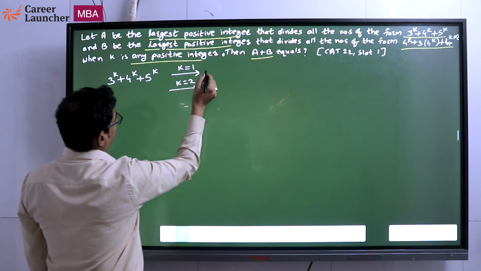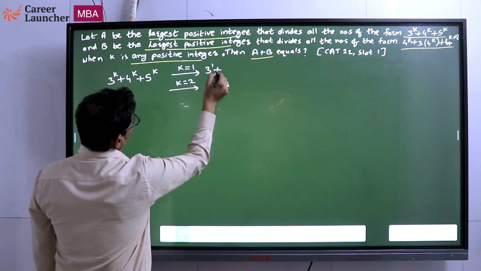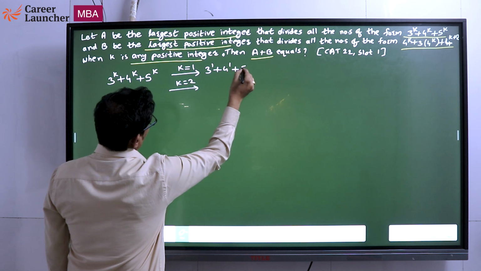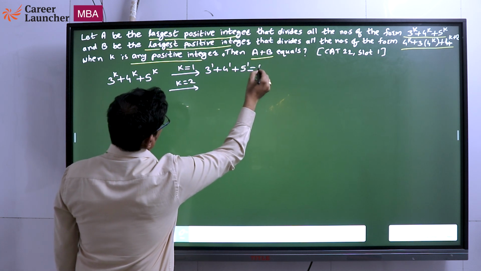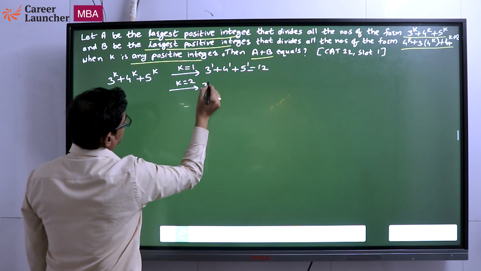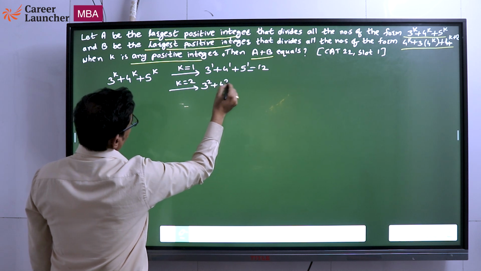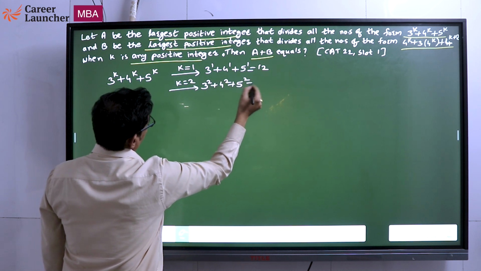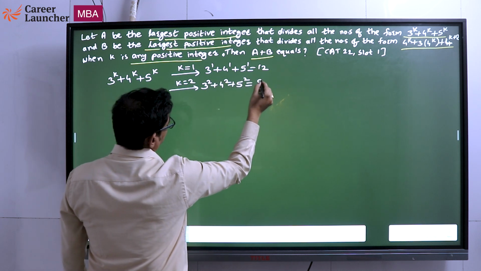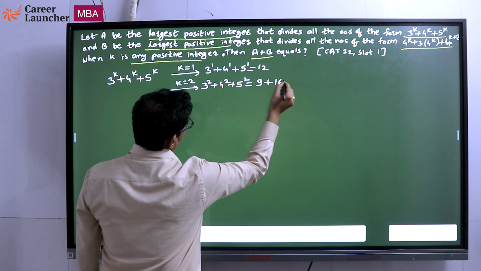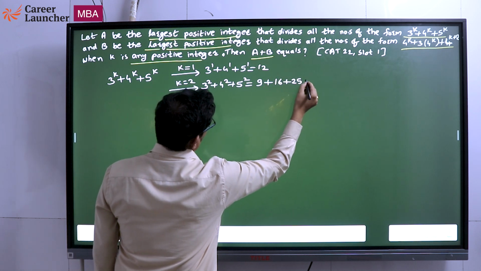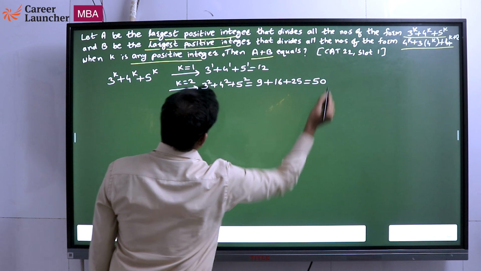When k is equal to 1, I would get 3 power 1 plus 4 power 1 plus 5 power 1: 3 plus 4, 7, plus 5, 12. When k is 2, 3 square plus 4 square plus 5 square, which is 9 plus 16 plus 25, which is 50.